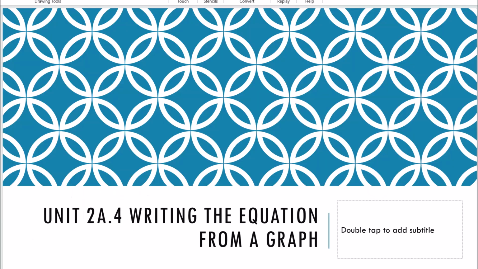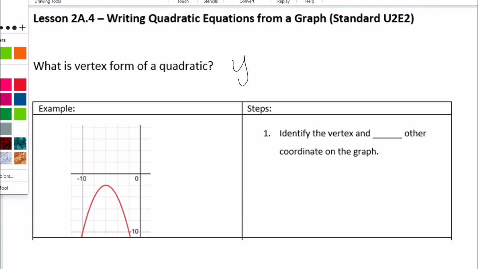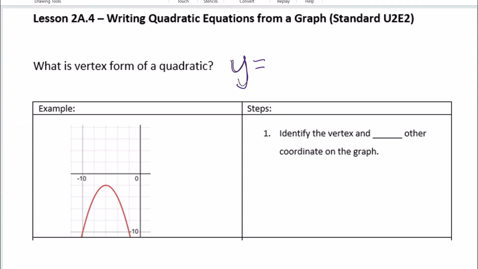So, vertex form of a parabola is our y equals a times x minus h squared plus k. So today we're going to use this vertex form to find the equation of the parabola.